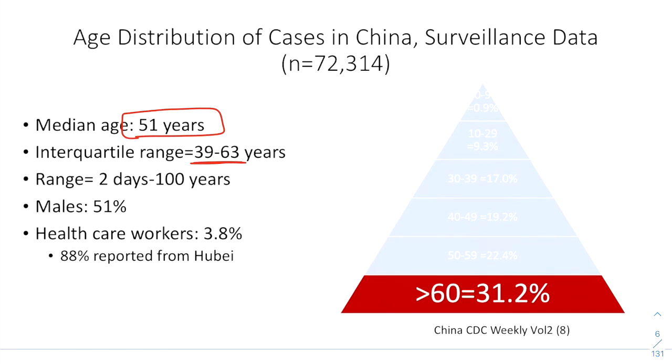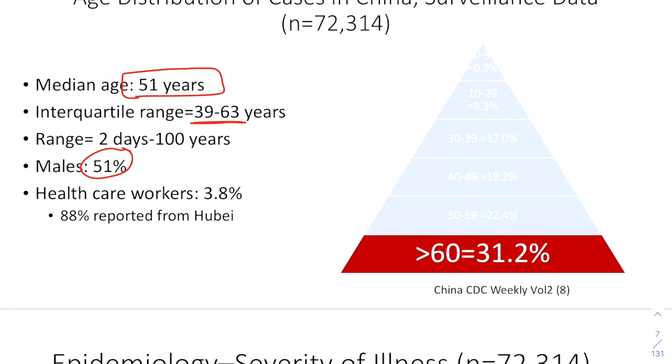As per the study in China, it was seen that males were affected around 51%, but there's an equal distribution. There's no gender difference that was known, and the healthcare workers affected were 3.8%. Because they are in direct contact with COVID-19 patients, the healthcare workers are the most susceptible to get infected.